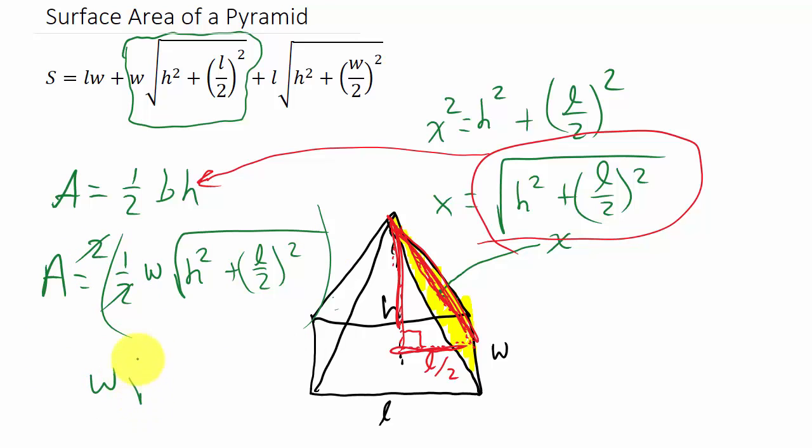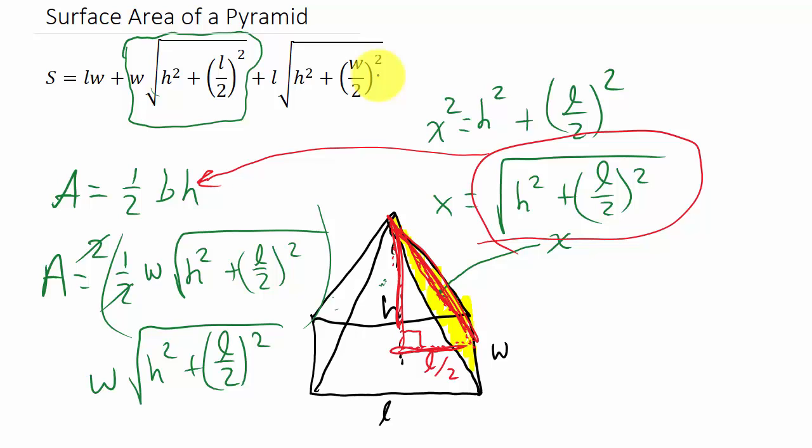We're left with w times the square root of h squared plus l over 2 squared. And that's where this comes from. Then you can look at it similarly, find the area of this face, multiply that times 2 for the area of the one back here, and you will get the other one. I hope that helps you make sense of it.